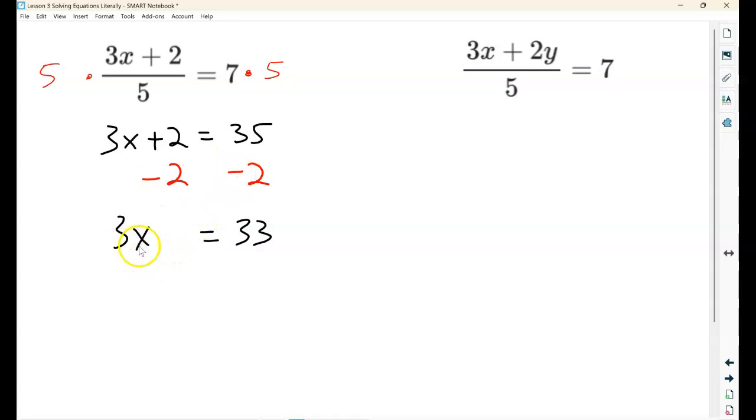So now we've got 3 times x. We do the opposite of multiplying by 3, which is to divide by 3 on both sides. And then x is equal to 11.